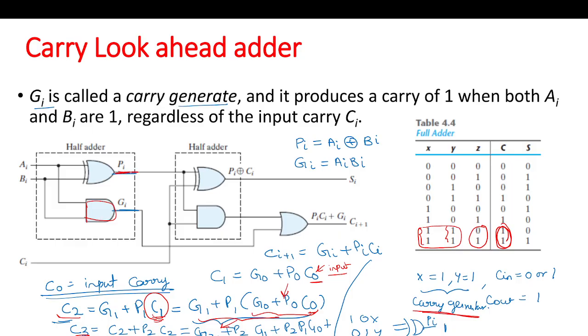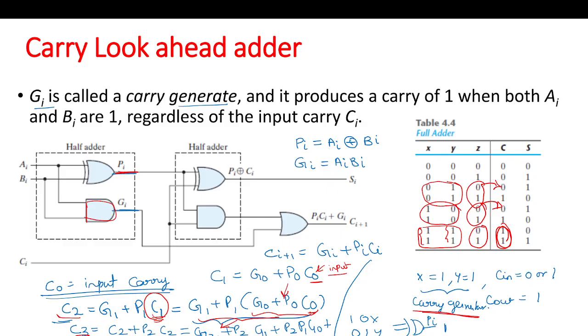The carry will depend on the previous carry. Like at this place, either 0 and 1 or 1 and 0, it depends on this value. If both are 0, the carry is going to be 0.